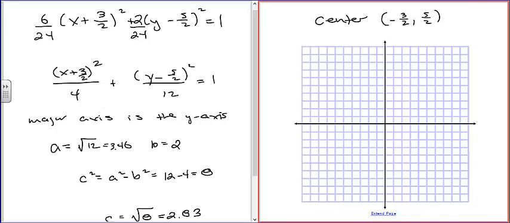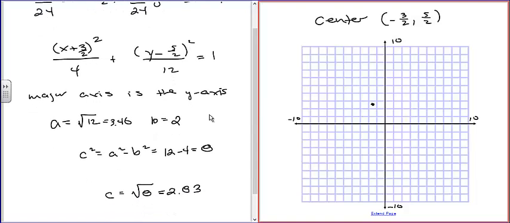And we're going to go ahead and still use the normal scale that we do in these problems. So our center is -3/2, 5/2, so that puts us right in the center.